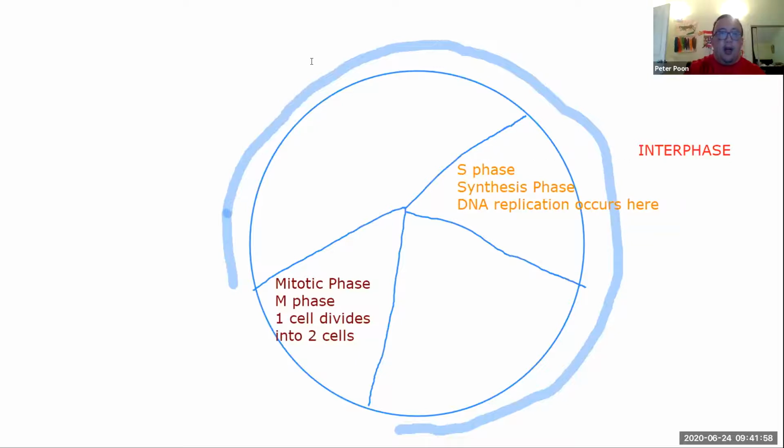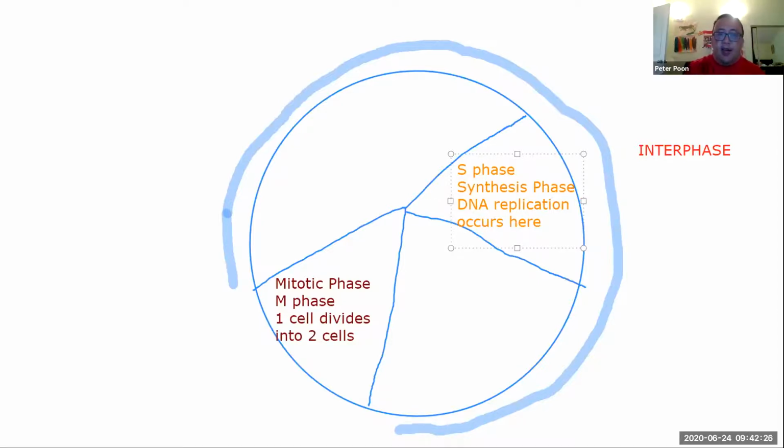The S phase is where DNA replication actually occurs. Before cell division occurs, the DNA has to replicate itself. DNA replication forces a lot of things to be synthesized. You have to make a bunch of stuff before or during DNA replication. So S phase, synthesis phase.